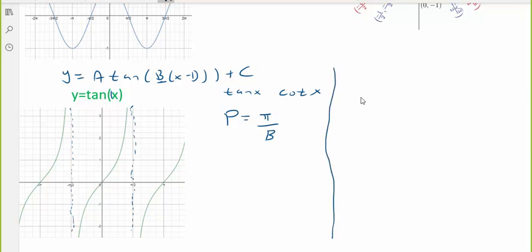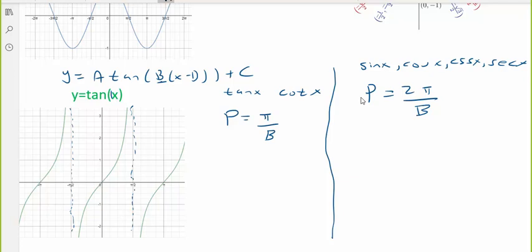So just to remind you, the formula is 2 pi over b for the other 4 trig functions: sine, cosine, cosecant, and secant. For these 4 equations, this is the formula for the period. By the way, amplitude is a word that only gets applied to sine and cosine.